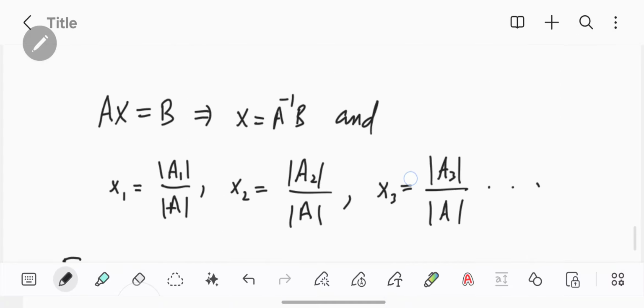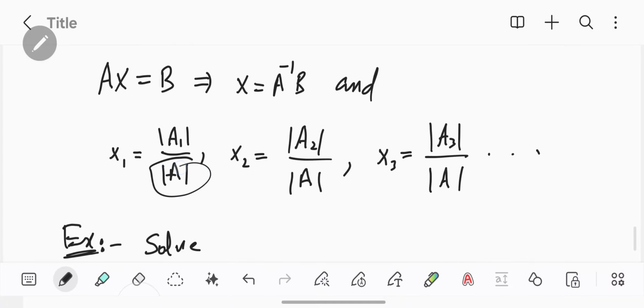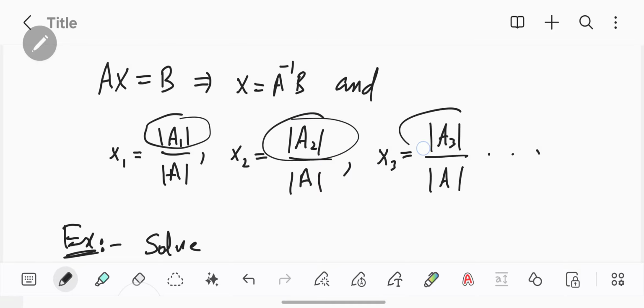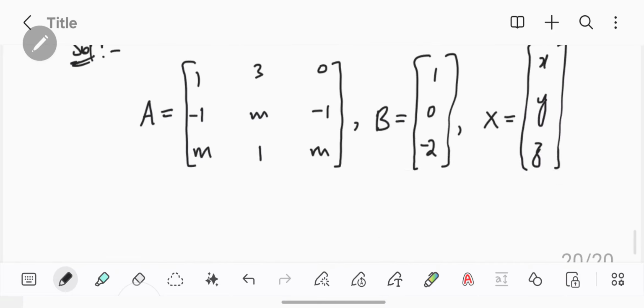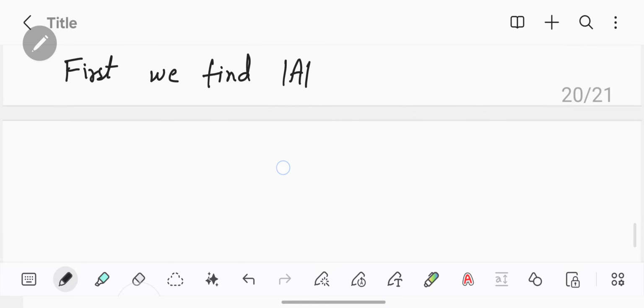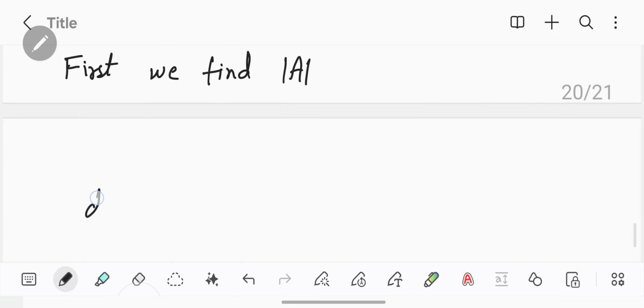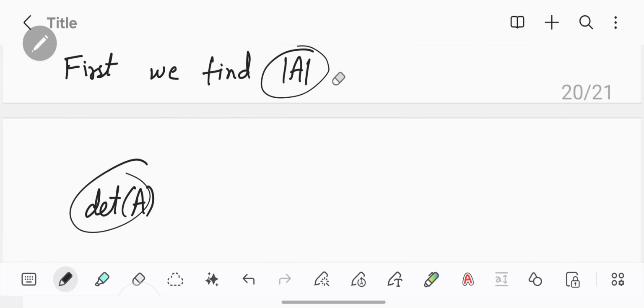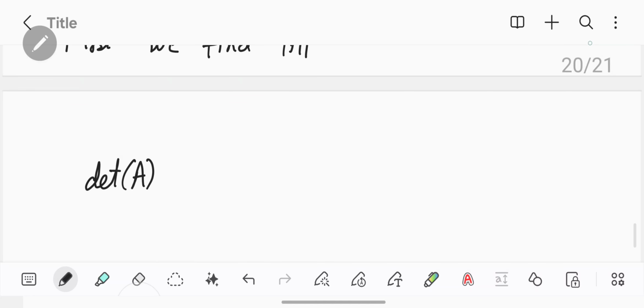Cramer's rule says you have to find the determinant of A every time, but you have to find the determinant of A1, A2, and A3 also. First of all, we will find the determinant of A. You can either write determinant of A or you can write it this way, both are the same.